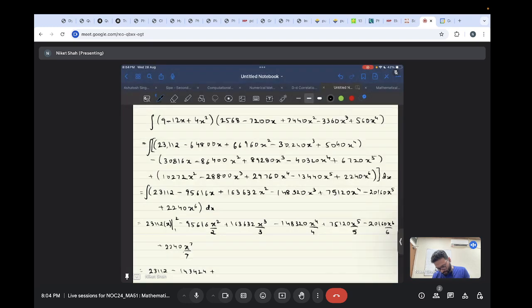So plus 381808 minus 148320 divided by 4 multiplied by 2 power 4, which is 16 minus 1, 15.